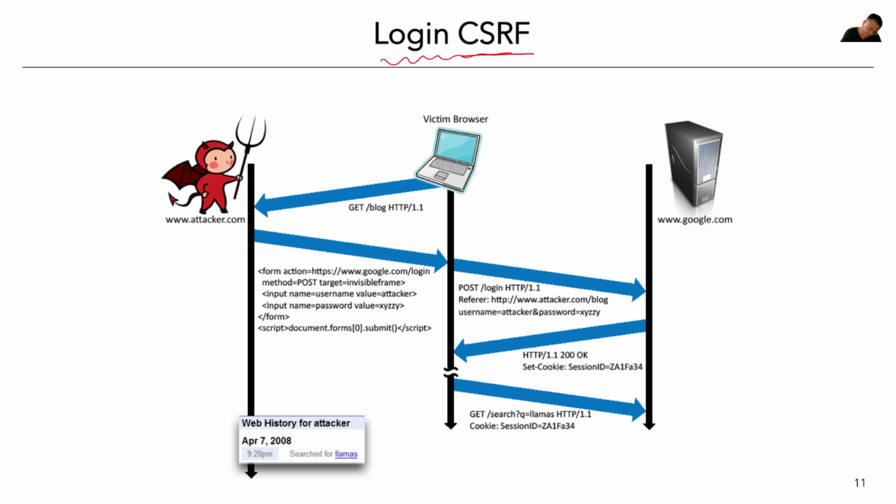Say a user A visits the attacker's website. The attacker's website will use this form to log into, say, a Google account with their username and password. Then the server will send a session cookie to authenticate the user.